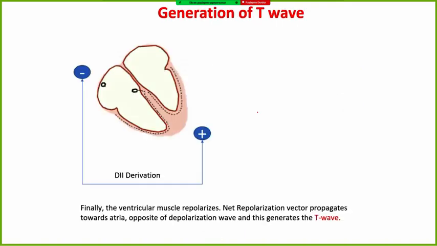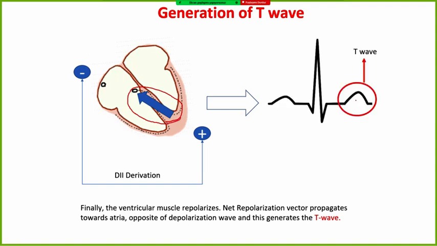So what is the T wave? The T wave is a repolarization wave, and the repolarization net vector propagates away from the positive electrode.